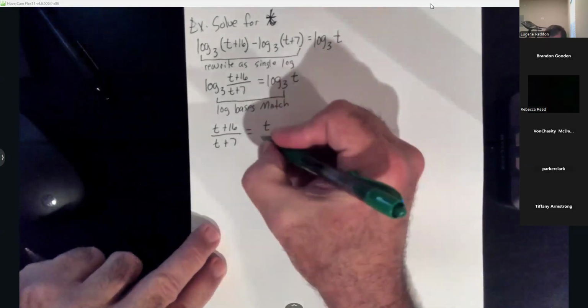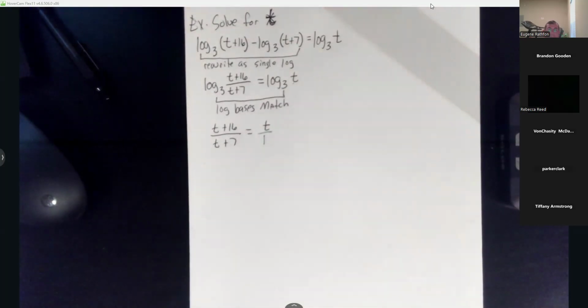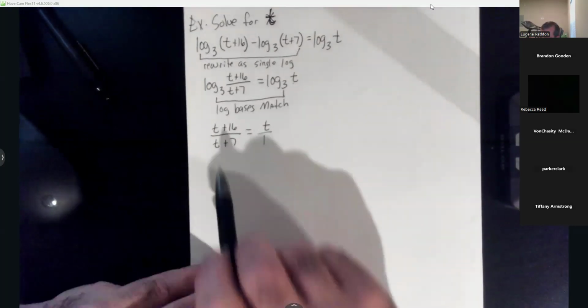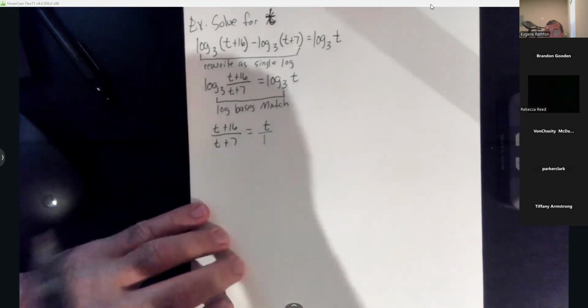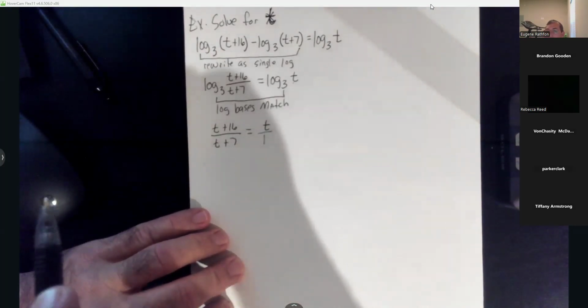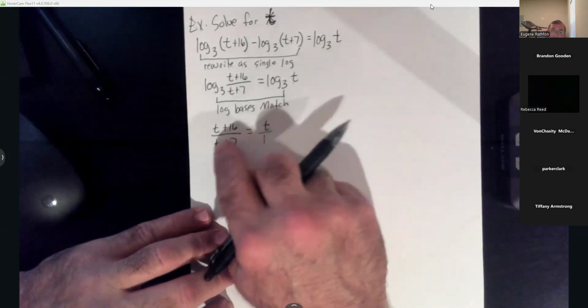I'm going to treat the right side like a fraction by putting a 1 under it. When you have a fraction equal to a fraction, to solve this you cross multiply. I'll show you in the support.